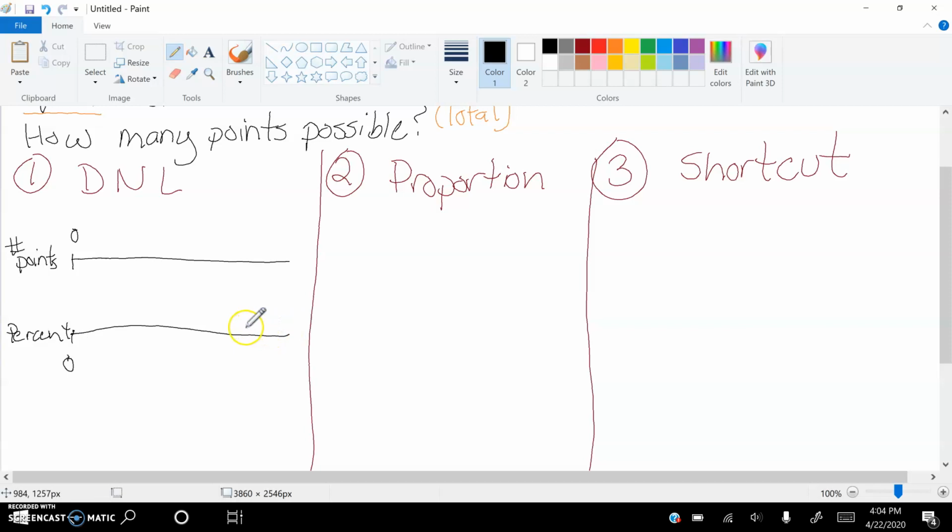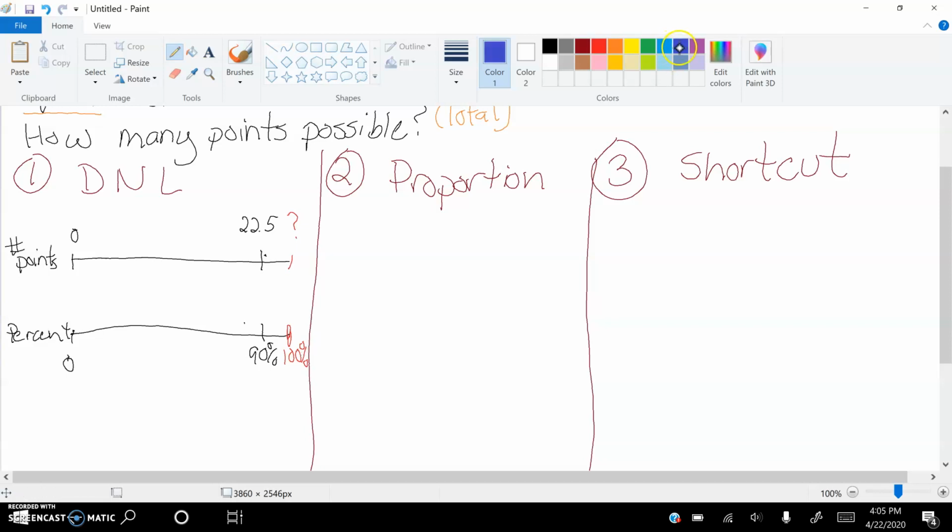We also know that our 90%, I'll put that right here, was 22.5 points. And what we're trying to find are the total points. If we got every single point correct, that would be 100% on the test. So that's what we're looking for.